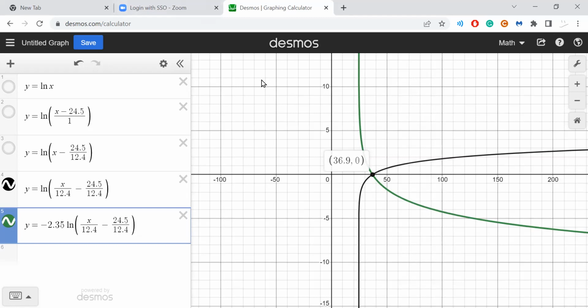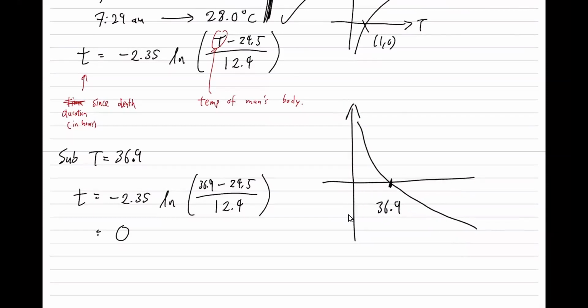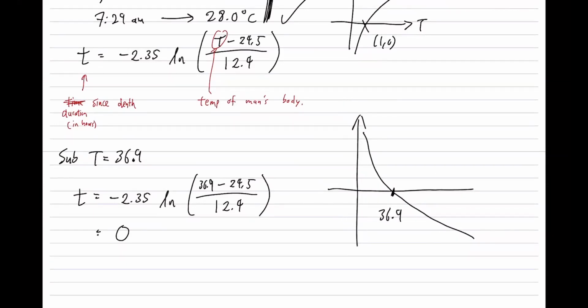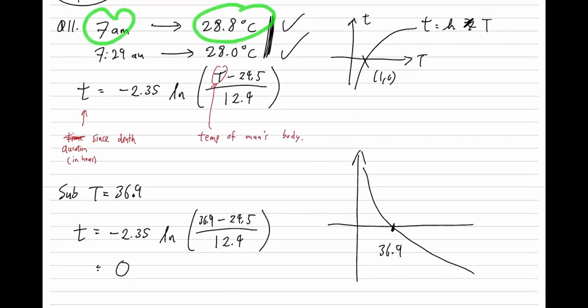Okay, let me change back to my screen now. So this is how the graph looks now. How do we interpret this? We already have information about 7 a.m.: 7:29 is 28 degrees Celsius.